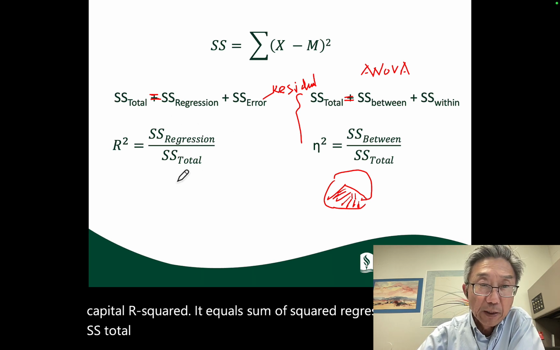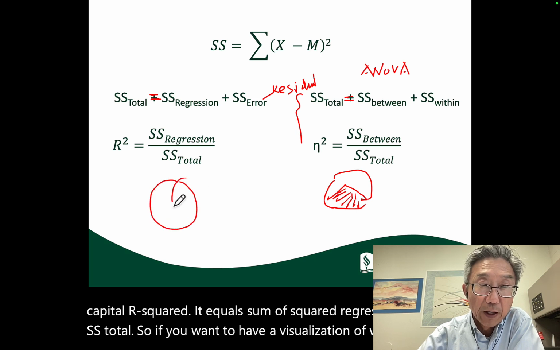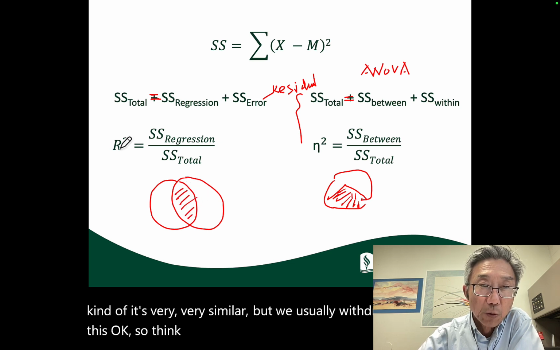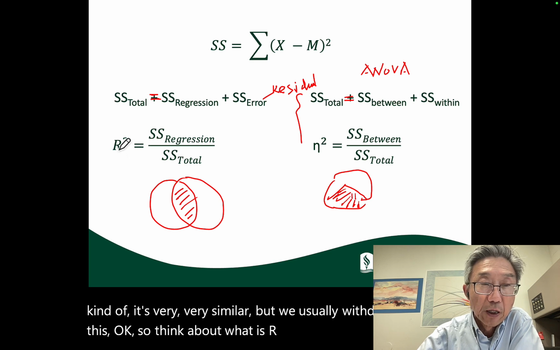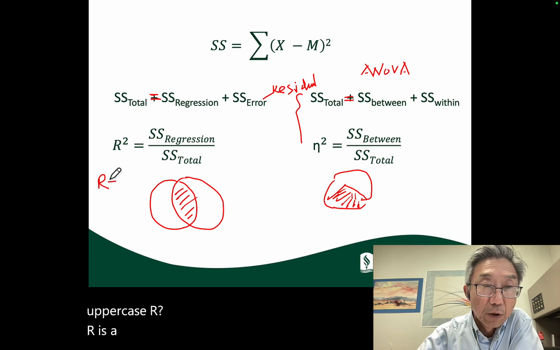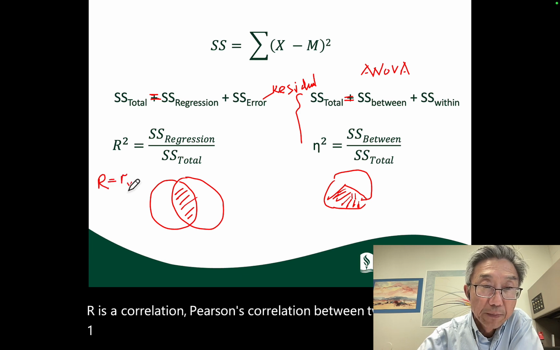So if you want to have a visualization of what this is, it's very, very similar, but we usually draw the line in this. Okay, so think about what is R? What is the definition of capital uppercase R? R is a correlation, Pearson's correlation between two items. One is Y, and the other one is Y prime.